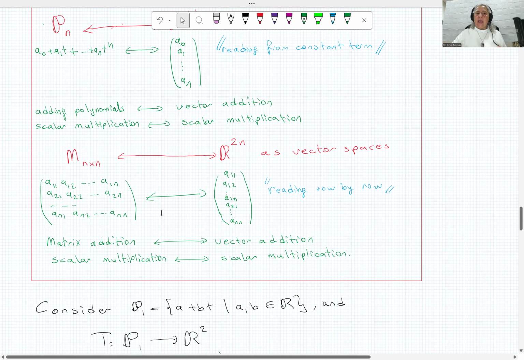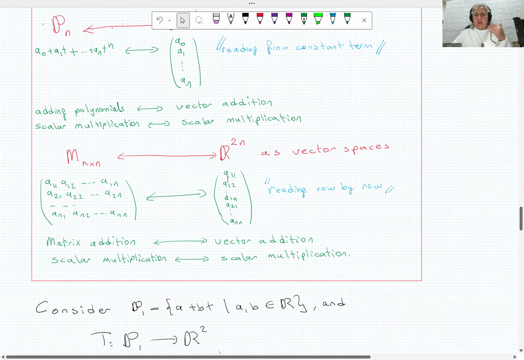If you have n by n matrices, they are isomorphic to R^(n^2), because an n by n matrix has n squared components. I usually read by row: a11, a12, up to a1n, then a21 through a2n. That is the correspondence that I choose, but there are many ways, of course.